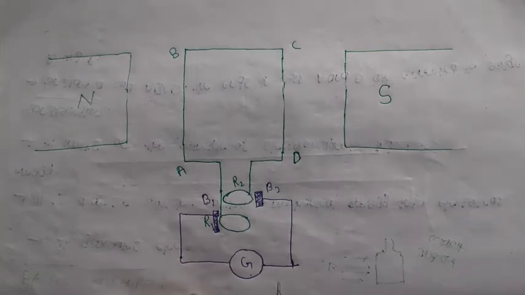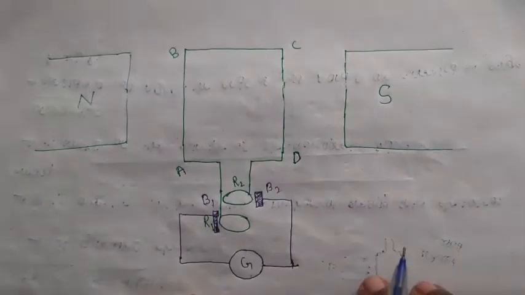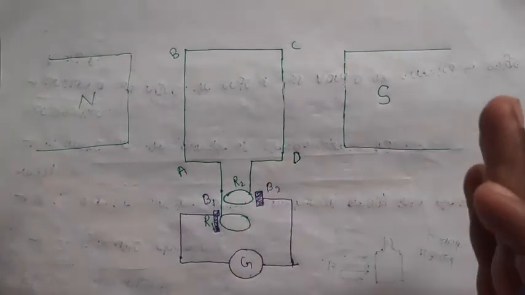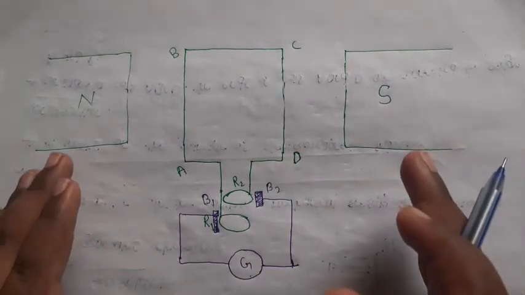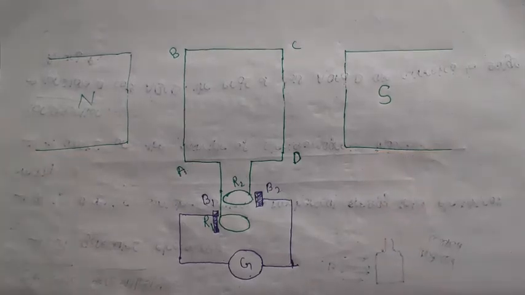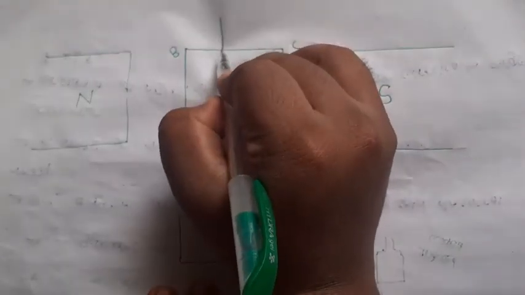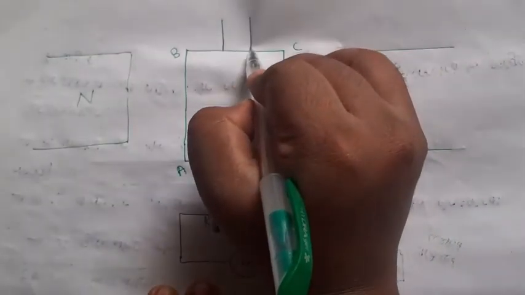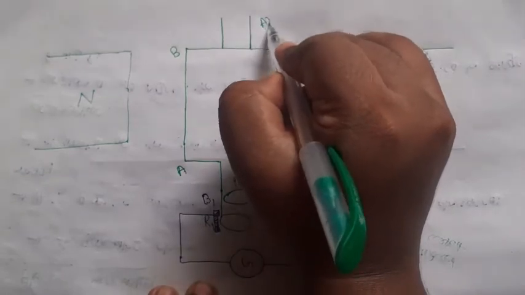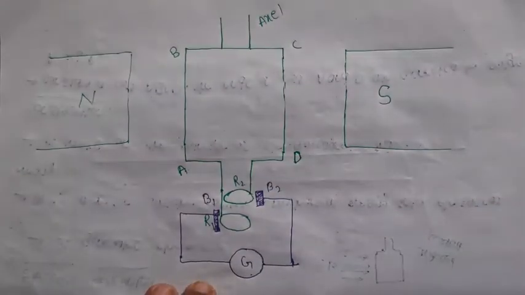Next, the coil ABCD is placed in the external magnetic field of the north and south poles of the magnet. Inside the coil I am placing an axle. What is the use of the axle?